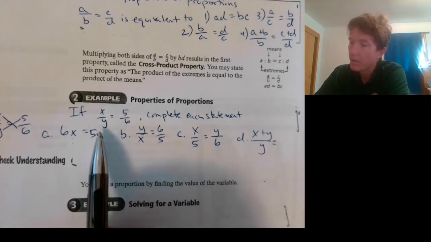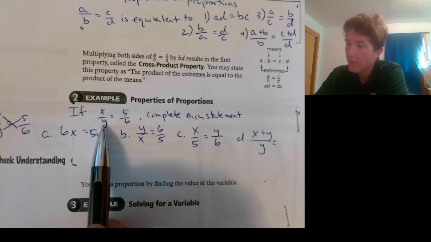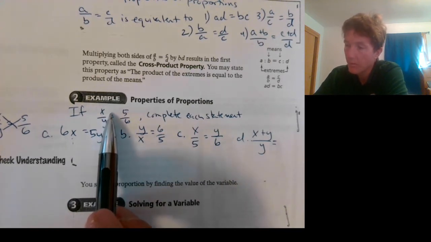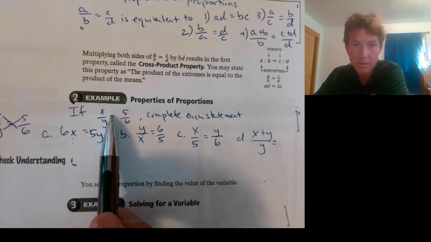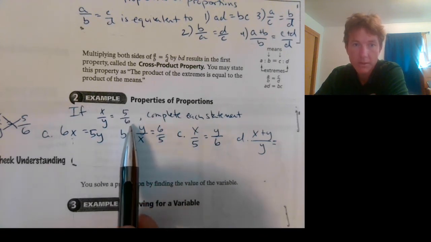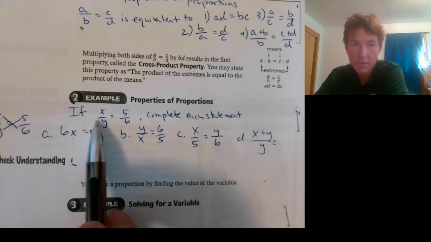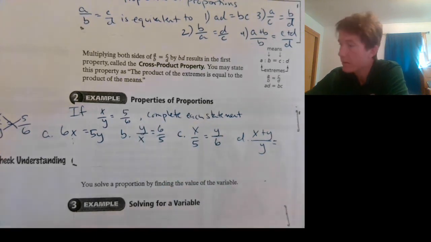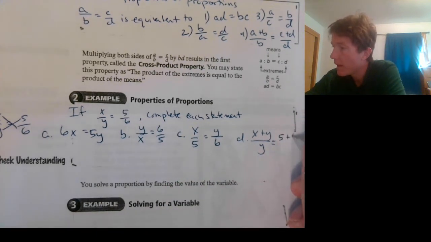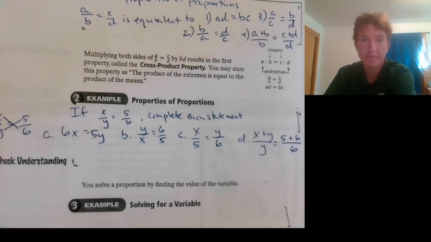So what's going on here? I have x over y, I've added y, that's like saying I'm adding 1. I have 5 over 6. If I add the bottom, it's like saying I'm adding 1. So I'm adding a 6 onto that.